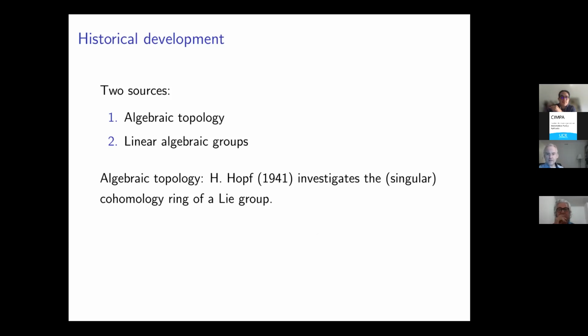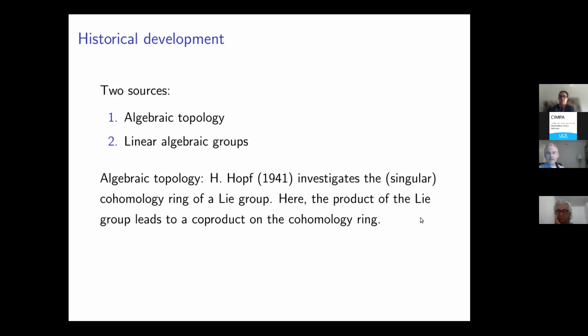Heinz Hopf in 1941 investigated the singular cohomology ring of a group. When I write here singular, I mean that he investigated it topologically. I'll write this to distinguish it from group cohomology. This is not what I mean here. It's the group as a topological space.